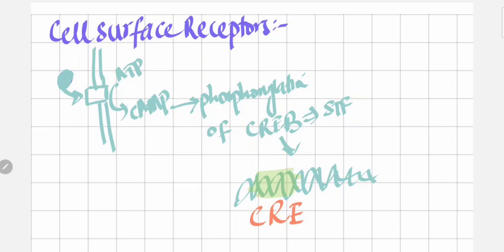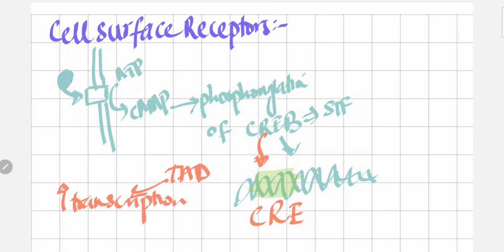CREB is going to get attached here, and it is going to activate via TAD, its transcription activation domain, and it is going to increase transcription. As simple as that. In the next video, we are going to look at messenger RNA processing and use and its role in gene expression regulation. Thank you so much.